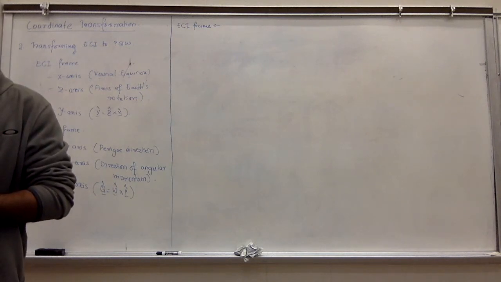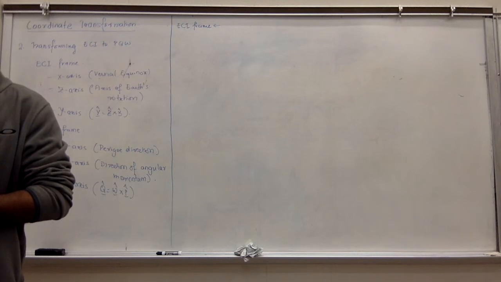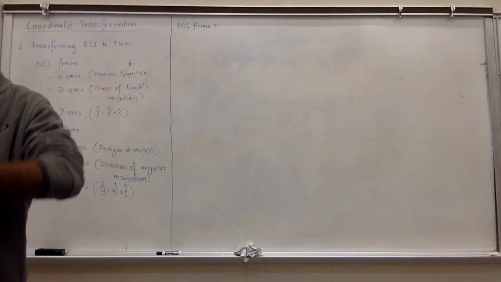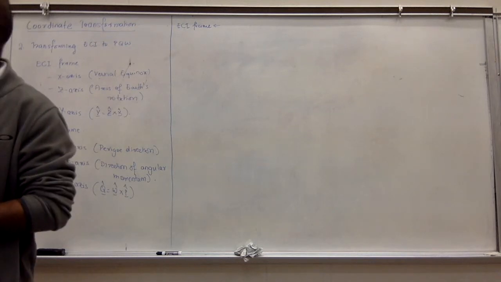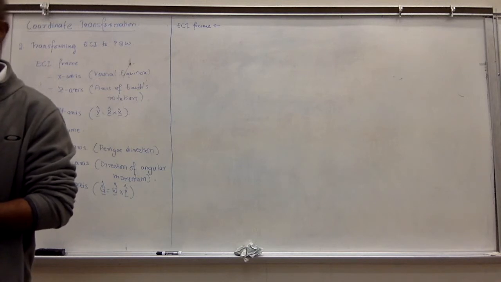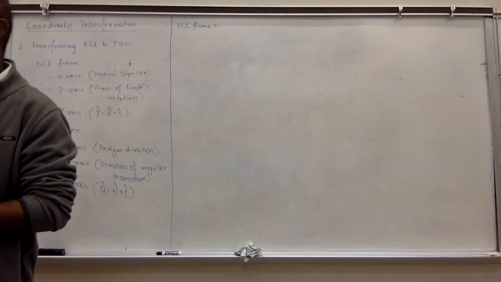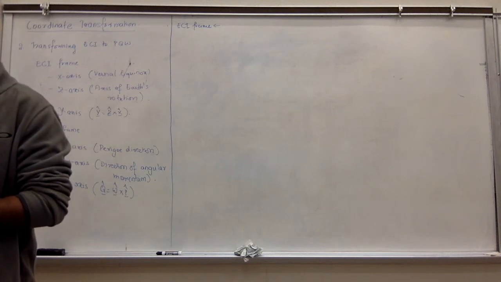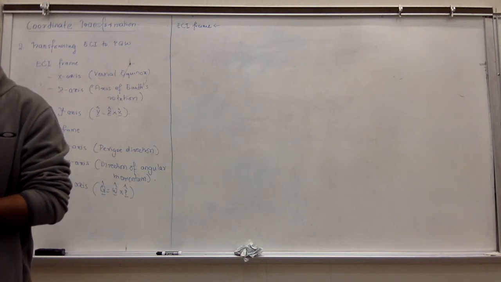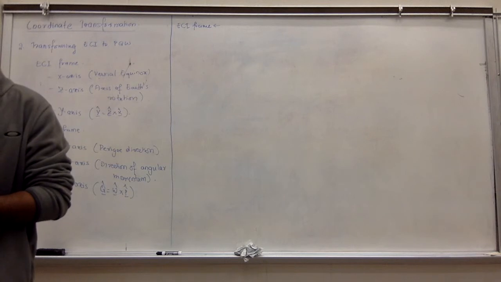Okay, that's what I want to see. Now tell me, what is the relative orientation of the polar orbit? It is 90 degrees about some axis. What is that axis?